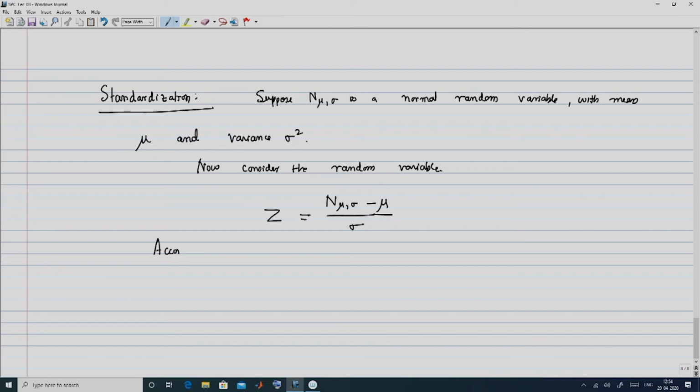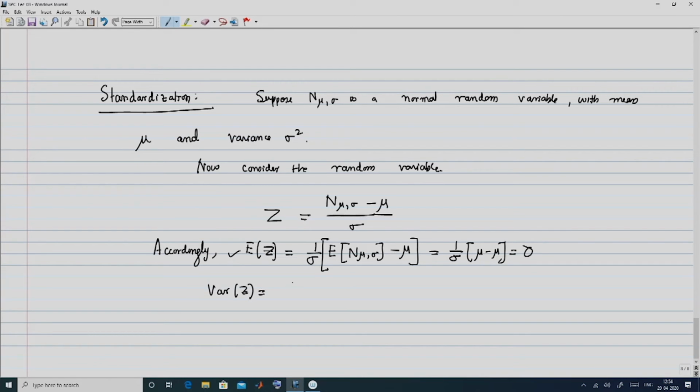Now we look at the mean and variance of this z. Accordingly, expected value of z, what is this going to be? If I use the scaling property, it is going to be 1 over sigma expected value of n mu sigma minus mu. So this is nothing but 1 over sigma mu minus mu, which is equal to 0. So good, we have found the expectation. Now let us look at the variance of z.